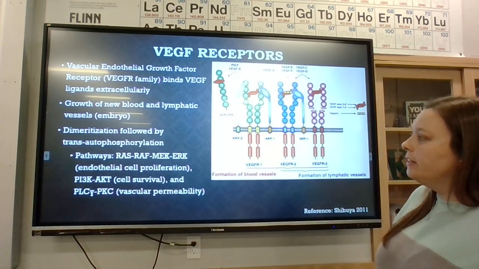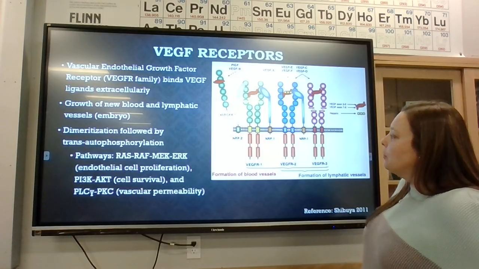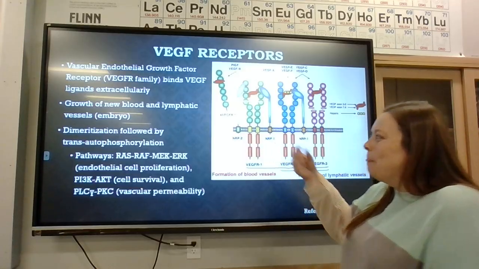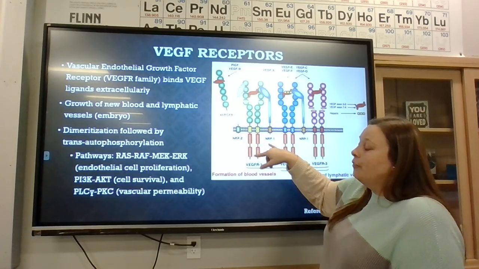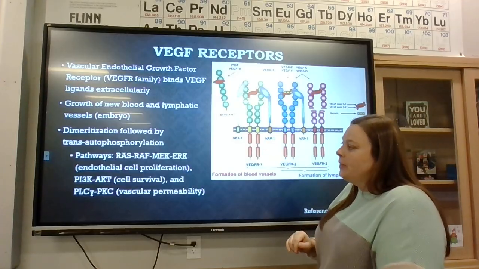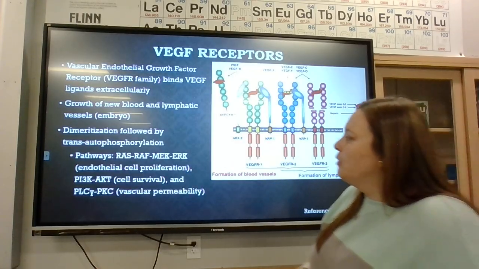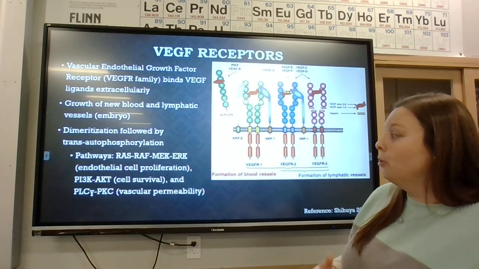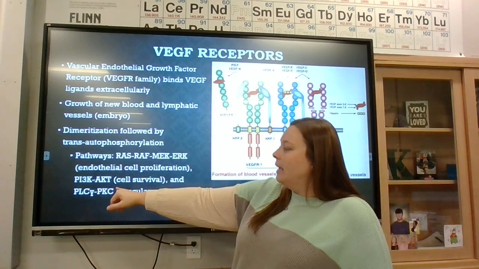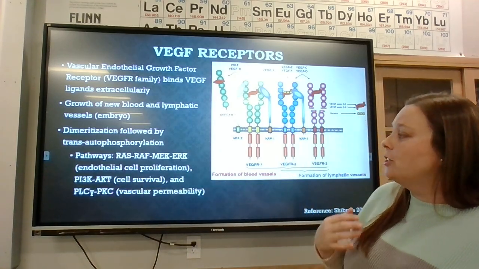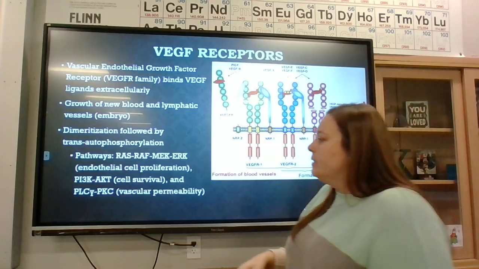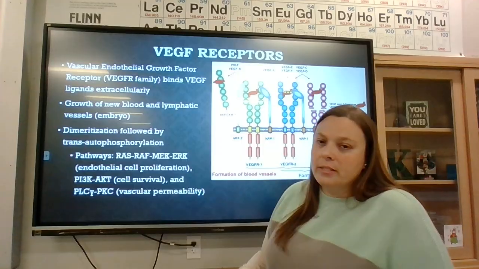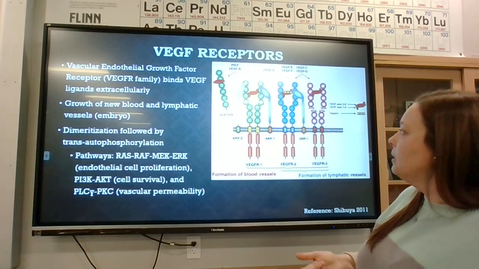We're going to get attachment of that, and then that is going to cause dimerization between two of the enzymes, that they are then going to autophosphorylate back and forth from one to another, and that is going to trigger the pathways of the RAS-RAF-MEK-ERK, which is going to signal some endothelial cell proliferation, as well as the PI3K-AKT, which aids in cell survival, and the PLC gamma PKC pathway, which assists in signaling for vascular permeability.